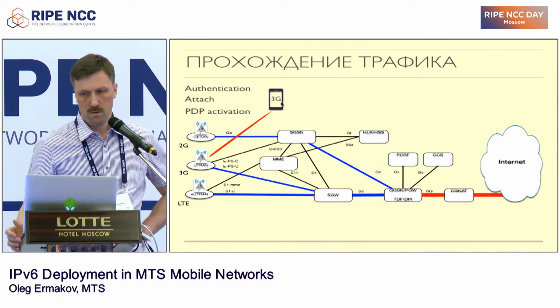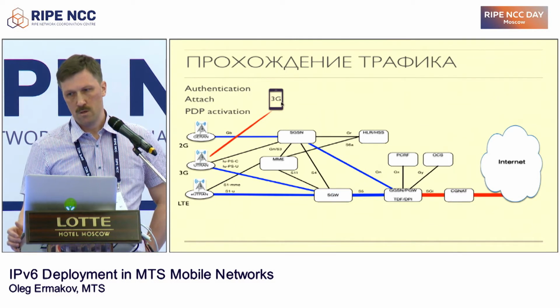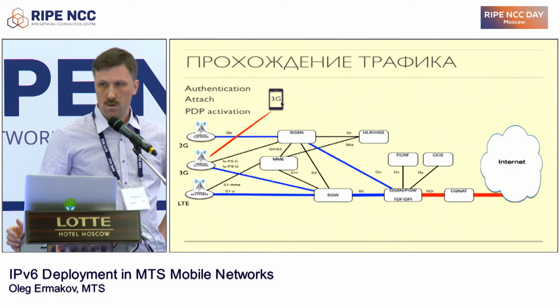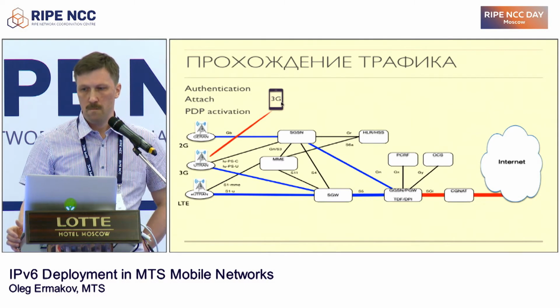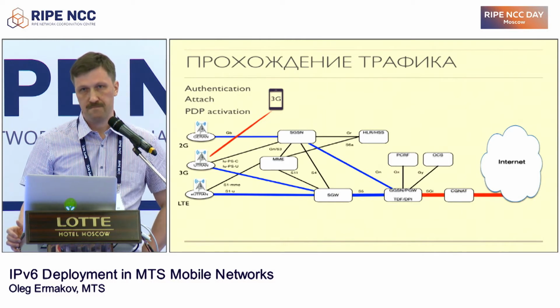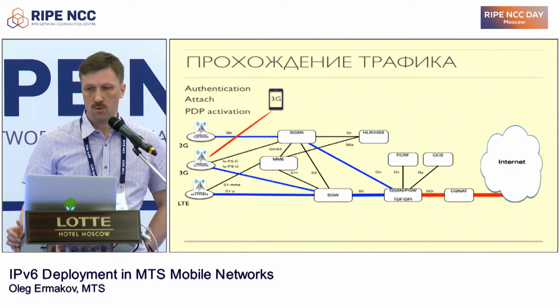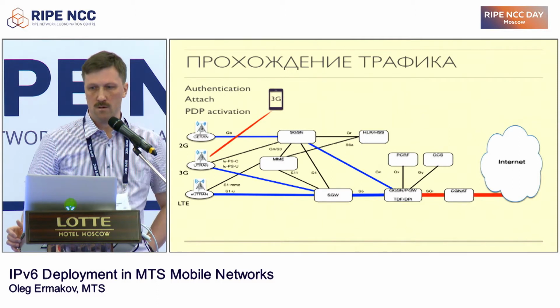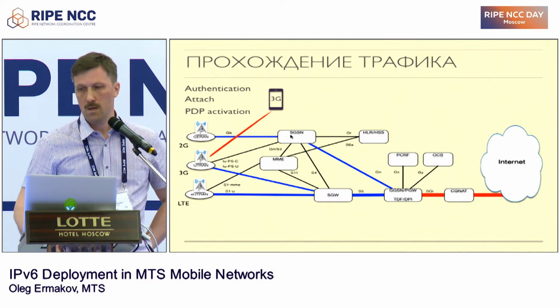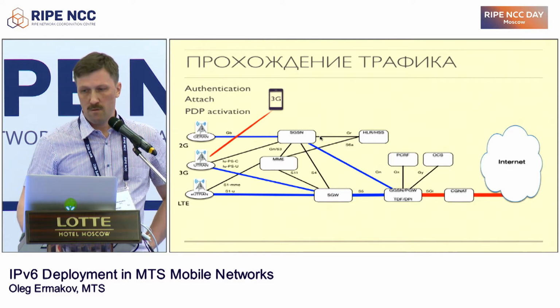First, the request goes to SGSN, and now the phone says which exactly access point it wants to engage. We use MTS.ru for mass market, and the smartphone will then say that it would like to connect to MTS.ru using IPv4.